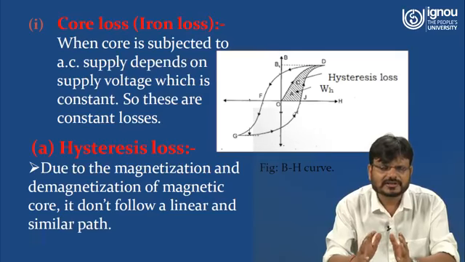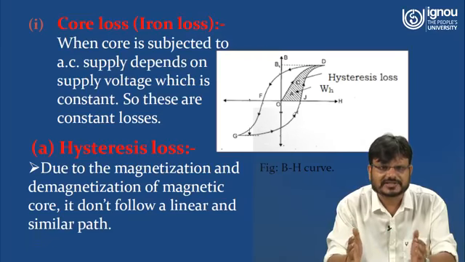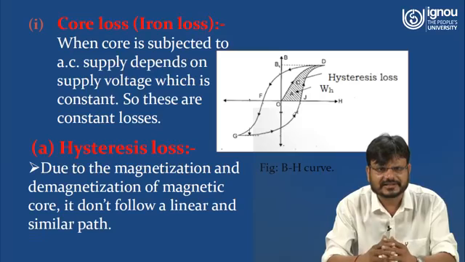Whatever the load is, these core losses will be constant, whether it is zero load, full load or half of the maximum load. So these iron losses are called constant losses. These iron losses can be classified as hysteresis losses and eddy current losses.